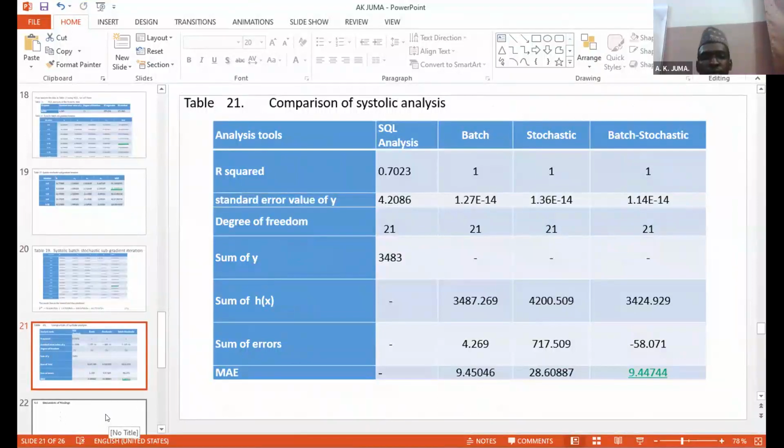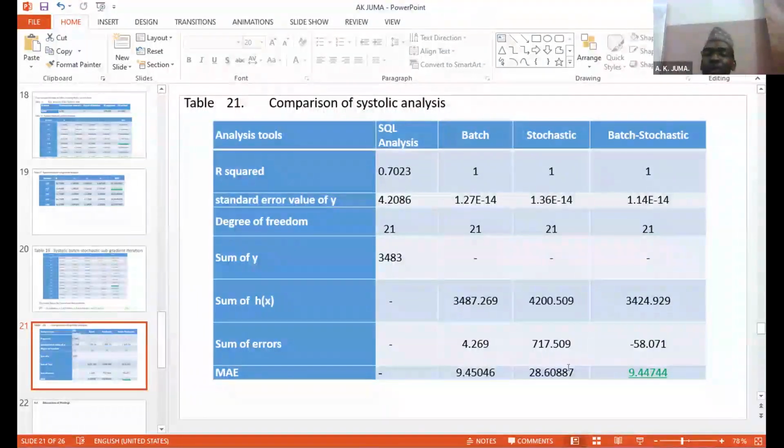As we have seen, the batch method is the most stable method if you apply it, while stochastic, because it considers one data point per epoch or iteration, tends to attract noise. Under batch we have an MAE of 9.45, while for stochastic we have 28 due to the noise, and for batch-stochastic we have 9.44. So we conclude that batch-stochastic is the best.